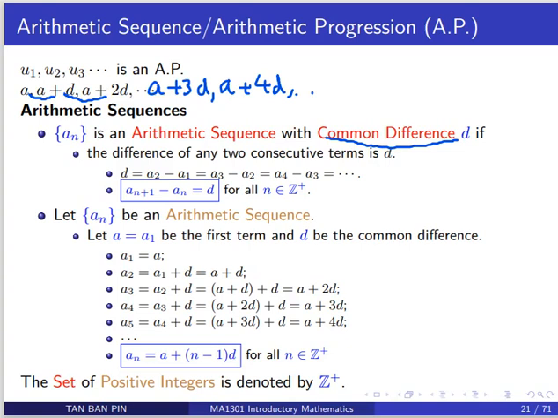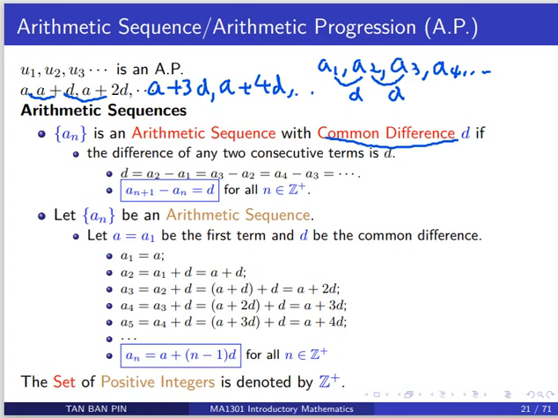If a_n is an arithmetic sequence with common difference D, then when you write down the terms a1, a2, a3, a4, and so on, the gap between a1 and a2 should be D, since a2 is obtained from a1 by adding D. Same thing, the gap between a3 and a2 should be D, because a3 is obtained from a2 by adding D, and so on.